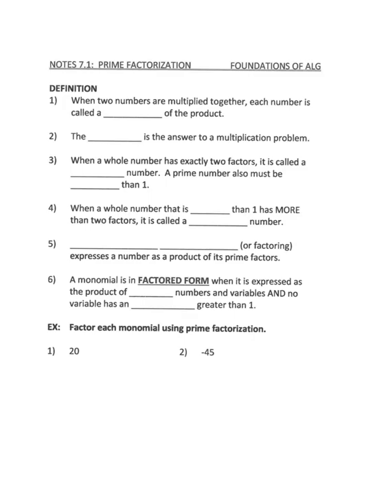7.1, we're going to talk about prime factorization, and first we need to go through some definitions. Our first definition is when two numbers are multiplied together, each number is called a factor of the product, and the product is the answer to a multiplication problem.